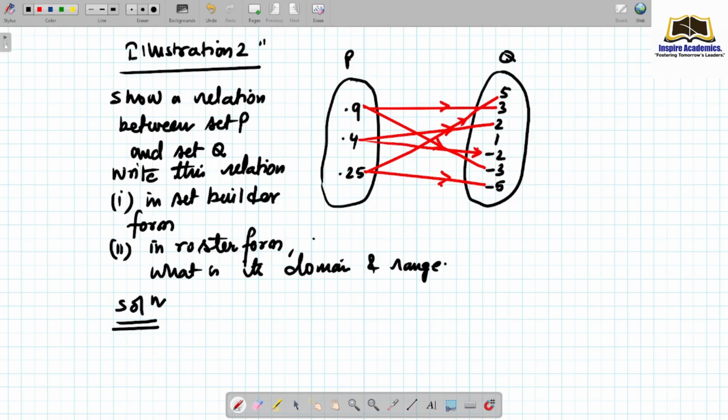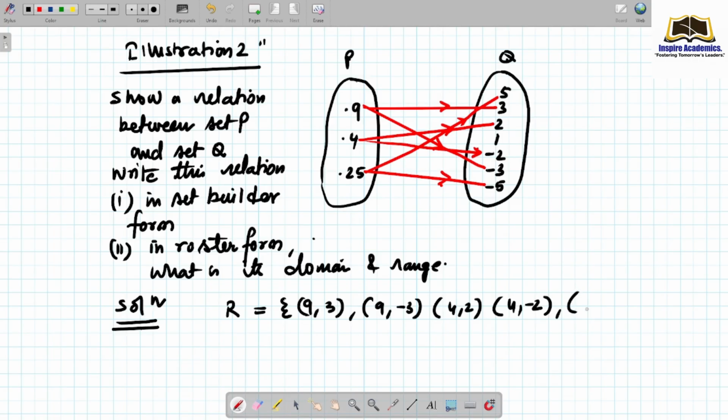So my relation R is 9, comma 3, then 9, comma minus 3, then 4, comma 2, 4, comma minus 2, then 25, comma 5, 25, comma minus 5.